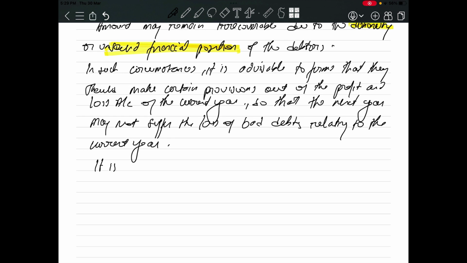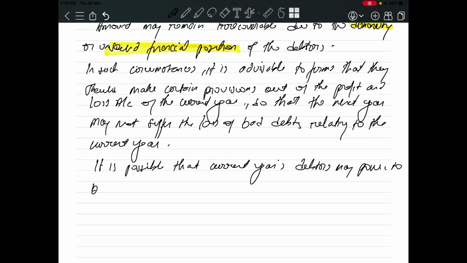Okay, it is possible that current year's debtor may prove to be bad in the next year.